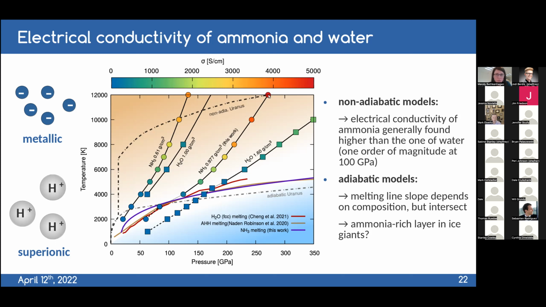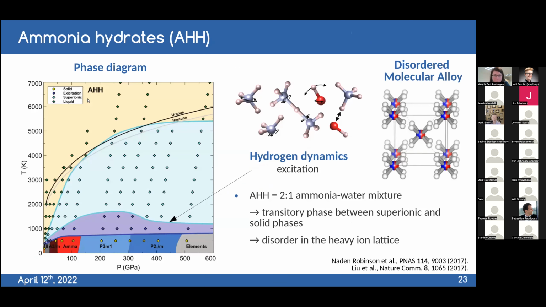So that might be interesting for people modeling magnetic dynamos. And just one thing to keep in mind, in the superionic phase, it's actually the hydrogen atoms, the hydrogen ions, that are the major contributor for the electrical conductivity, while in the metallic regime, it's the electrons that do the dominant contribution.